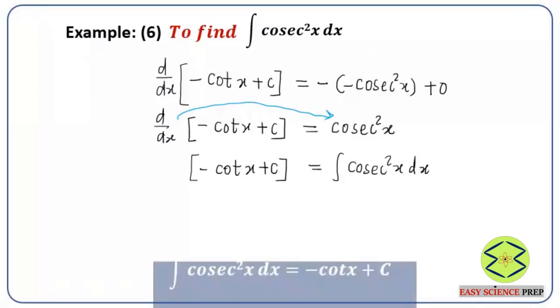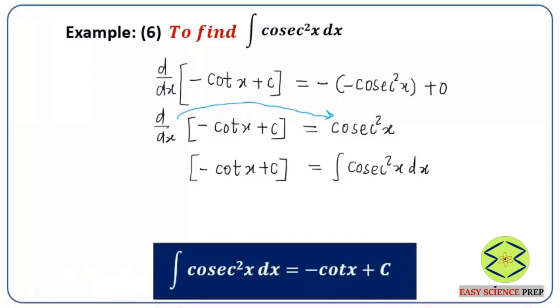So I can write down directly that the integration of cosec square x dx is minus cot x plus c.